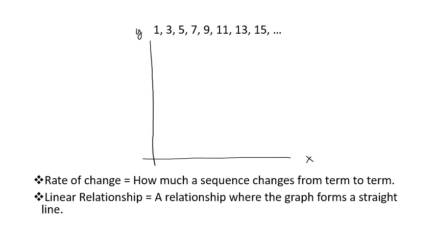And we're going to label the x 1, 2, 3, 4, 5, 6, 7. And so the term number 1, 2, 3, 4, 5, 6, 7, 8. So these are my x values up here.